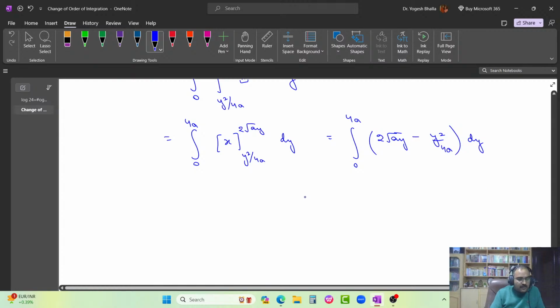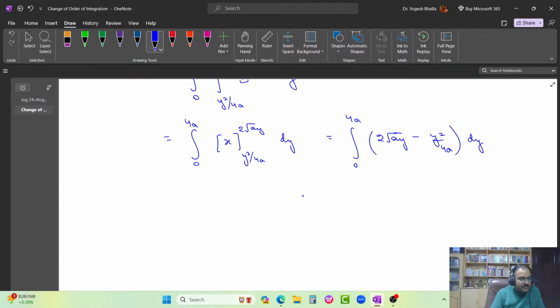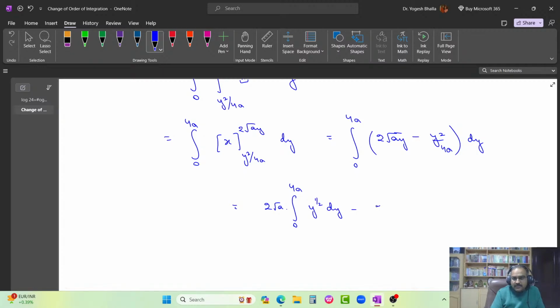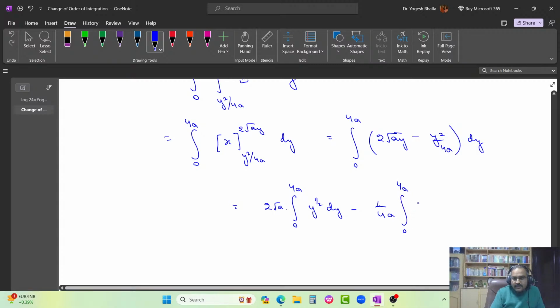Now I need to take the integration of this part. I think you can do it easily. This is a simple question. It will be 2 root a as it is, times the integral 0 to 4a of y raised to power 1 by 2 dy. I'm splitting the integral. Minus 1 by 4a integral 0 to 4a of y square dy.